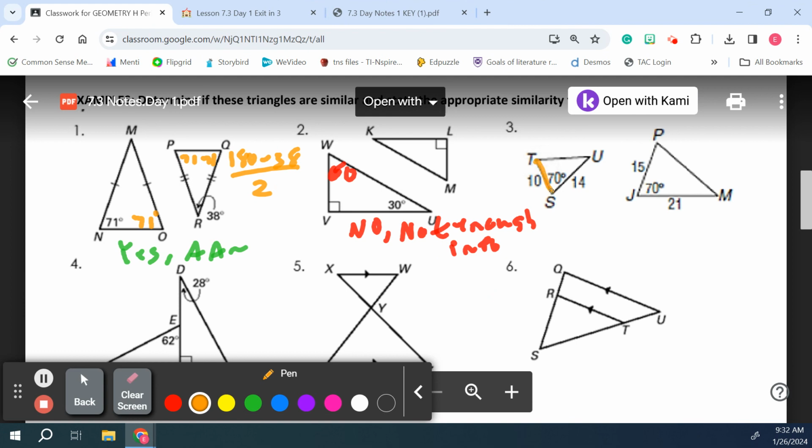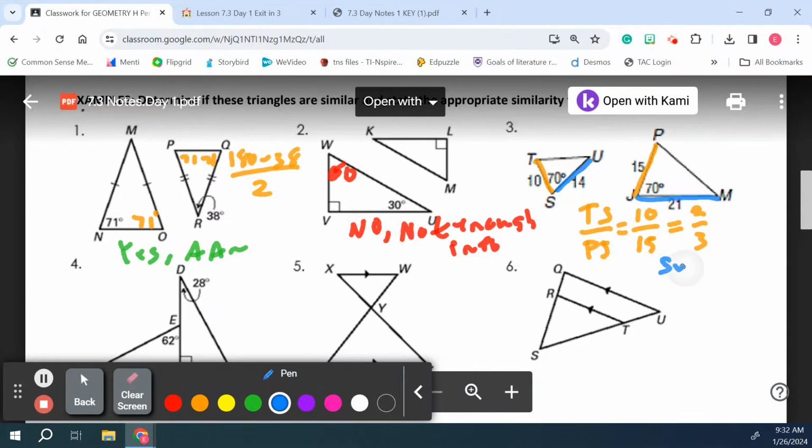So we're going to say TS, and this will be PJ just from looking at it. So I'm going to have TS over PJ. This is going to be 10 over 15, which leaves me with 2/3. So in order for these triangles to be similar, SU and JM also have to be 2/3.